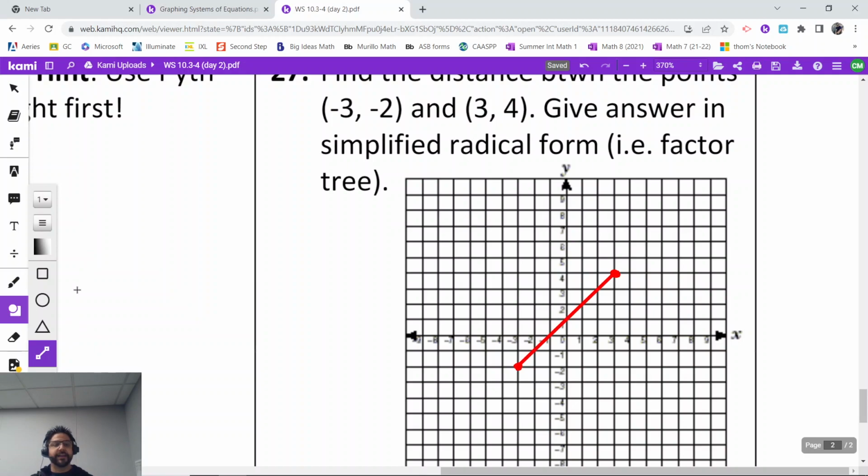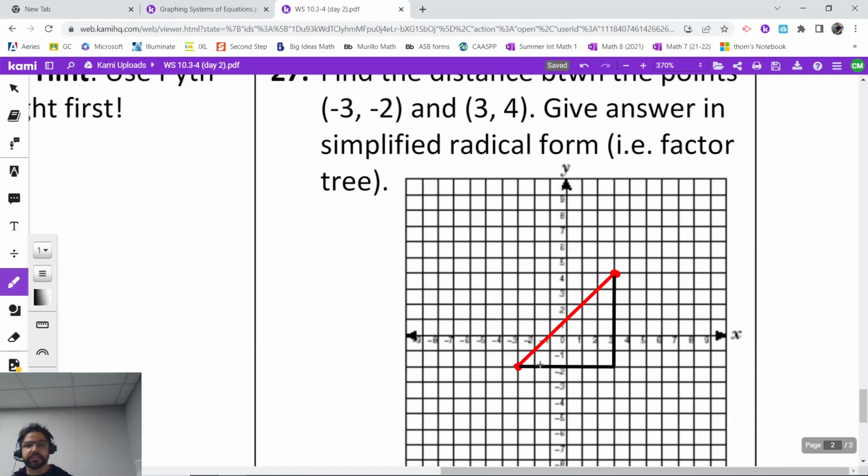And the way that we would find our distance again is by making a right triangle. So we would just count it. So our horizontal distance is 1, 2, 3, 4, 5, 6. Our vertical distance is 1, 2, 3, 4, 5, 6 again.